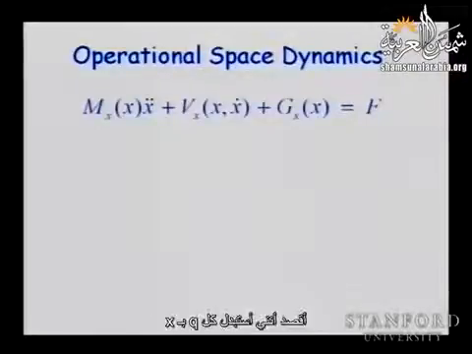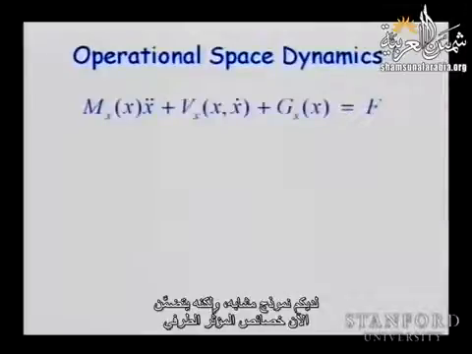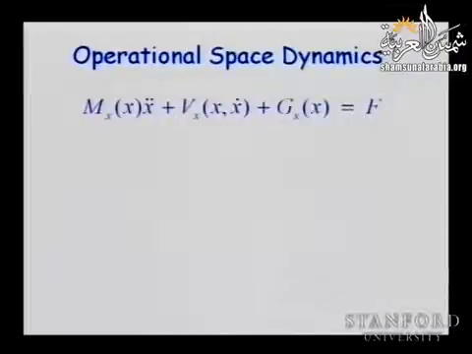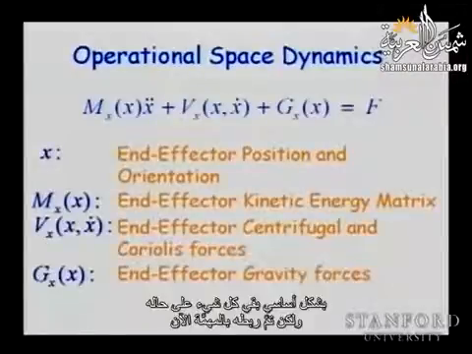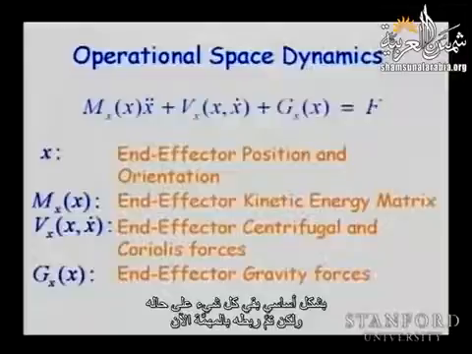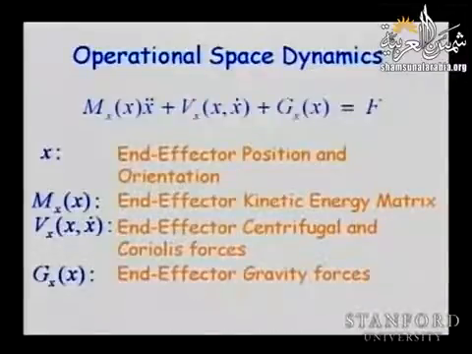I mean, I'm changing q to x now. You have a similar model, but now capturing the properties at your end effector. So these are the definitions. Basically, everything is the same, except that now it is related to your task. Okay?